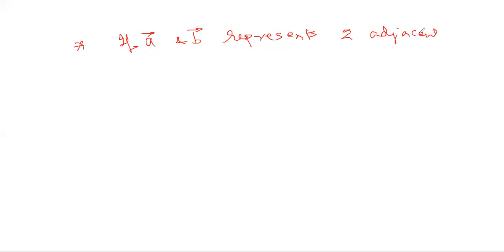If vector A and vector B represent the two adjacent sides of a triangle, we can find the area of the triangle.